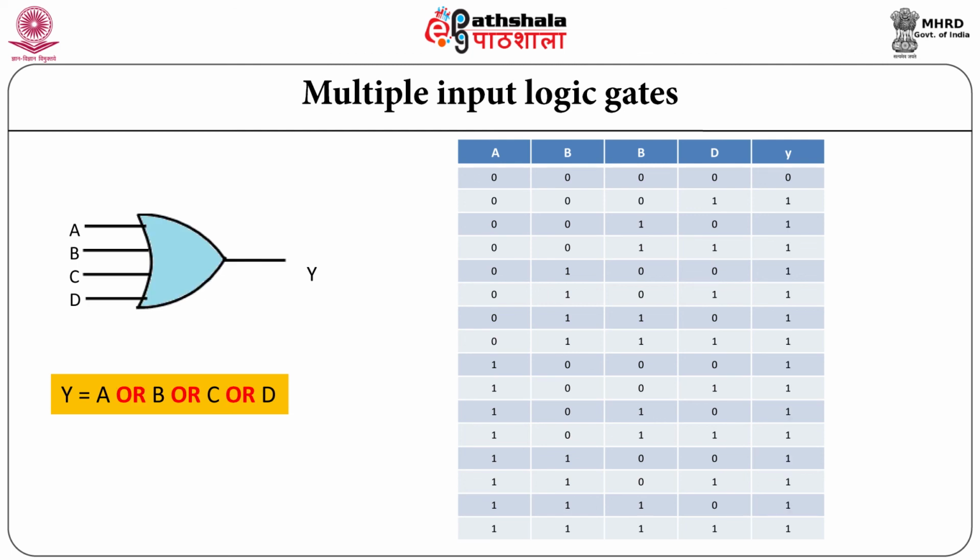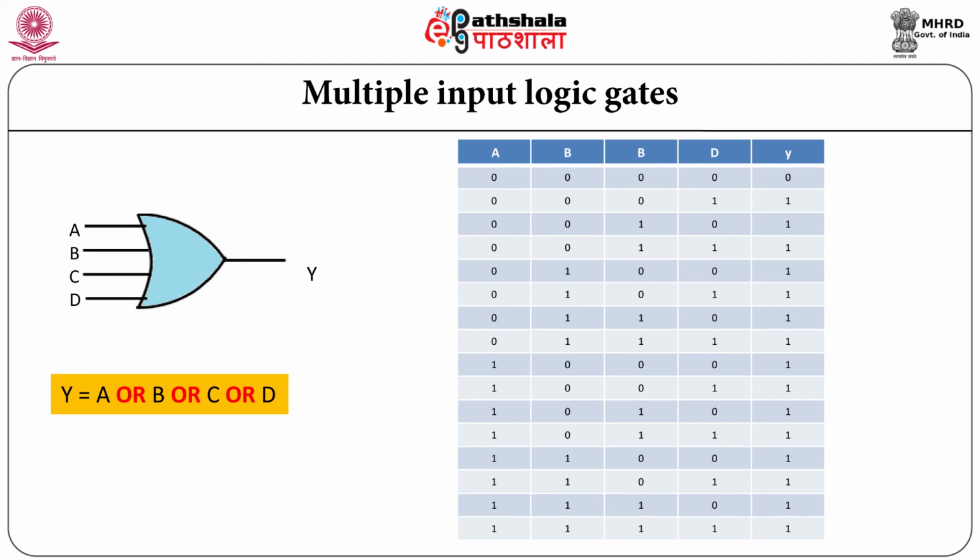Let us explore the multiple input OR gate. With the input variables A, B, C and D, the output of the OR gate is equal to A or B or C or D. Let us consider a 4 input OR gate.